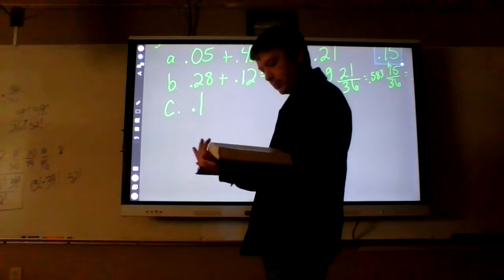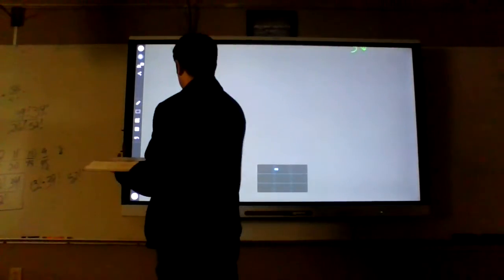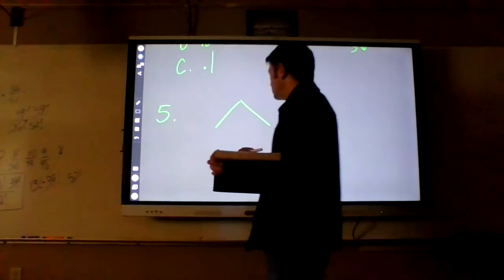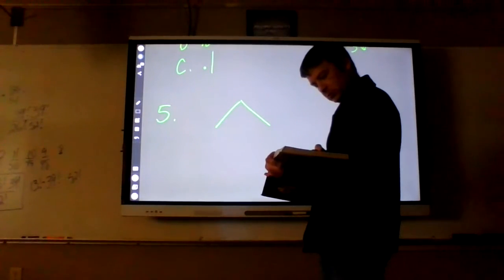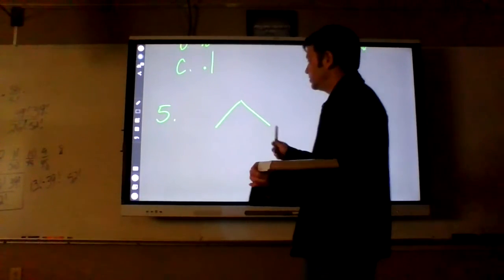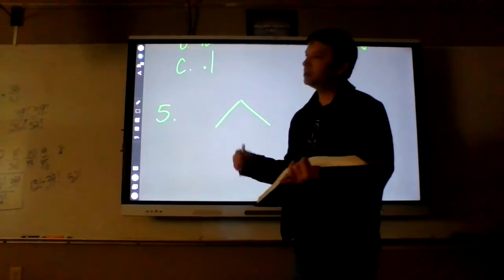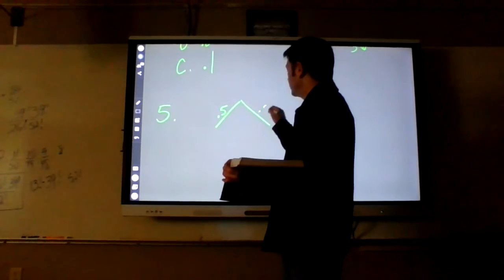Alright, so this is number 5. What's the probability that we're going to use jar A, the coin flip? 0.5. So we need to label it.